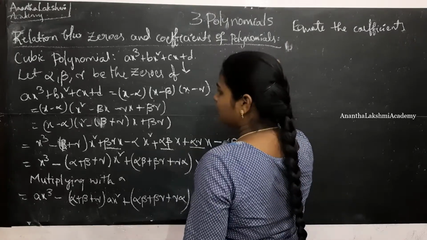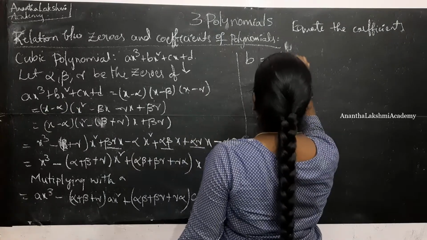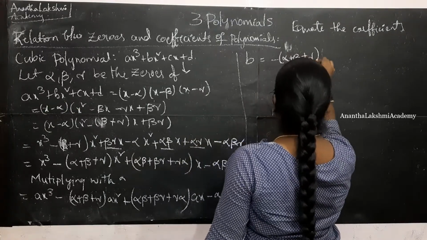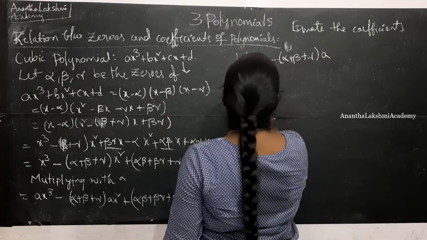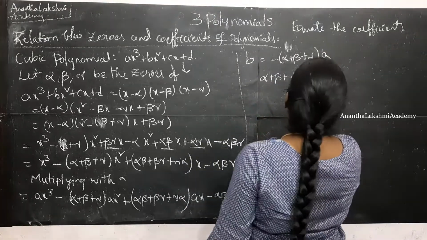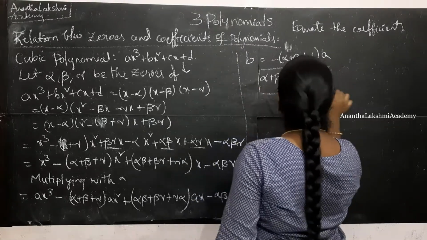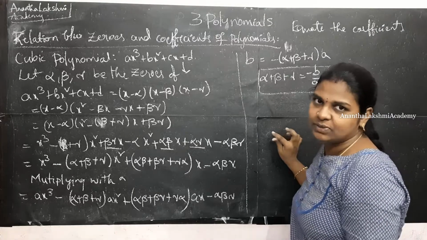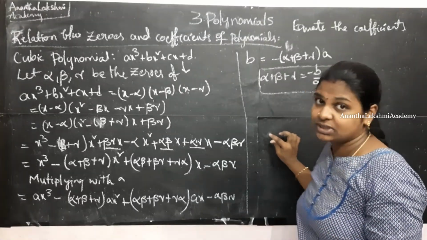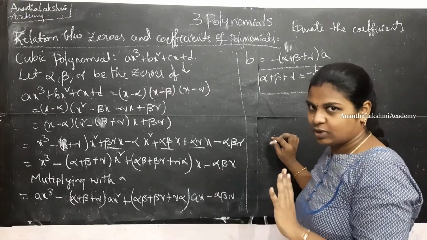B is equal to minus alpha plus beta plus gamma into a, which is alpha plus beta plus gamma, the sum of the zeros, is equal to minus b by a. This is same as the earlier one. For the quadratic polynomial, sum of zeros which are only 2, alpha plus beta, is equal to minus b by a. That's what we figured out.